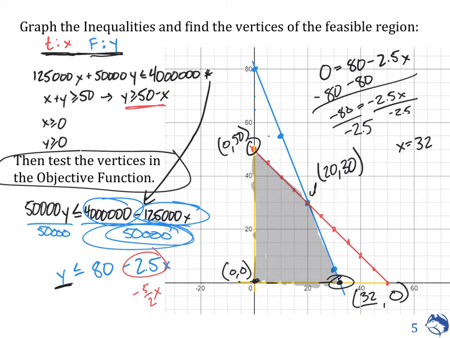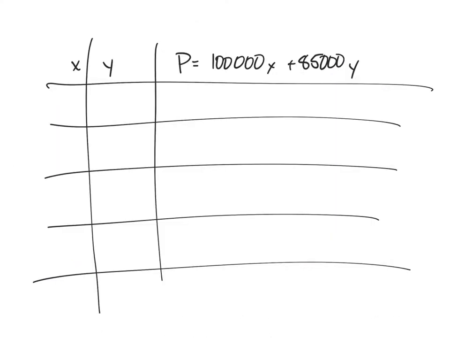My objective function is 100,000x plus 85,000y. Remember, I'm changing my t's for x's and my f's for y's. So then I'm going to write in those points. We had 0, 0. We had 32, 0.